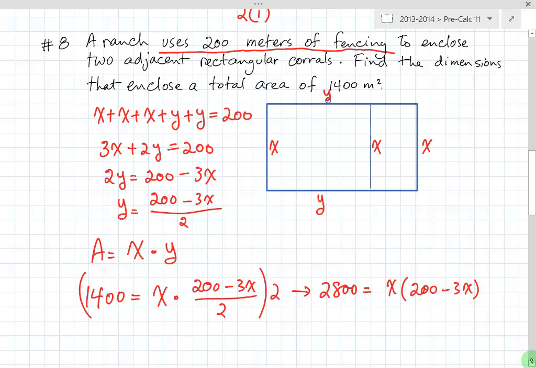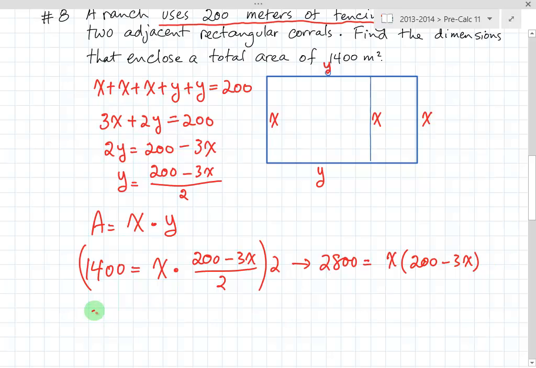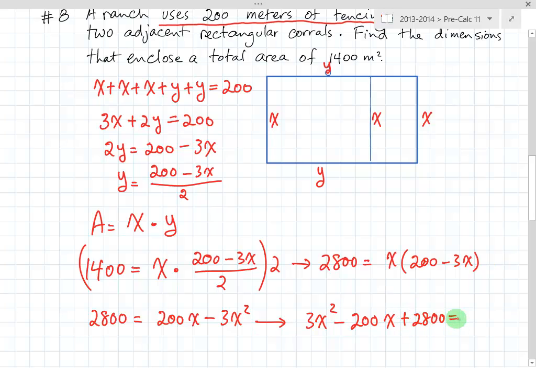Now, I'm going to expand everything. 2800 is equal to 200x minus 3x squared. And I'm going to put everything on one side where the x squared term is positive, just to make my life a little bit easier. So I'm going to put both of these on the other side. I'm going to go with 3x squared minus 200x plus 2800 is equal to 0.